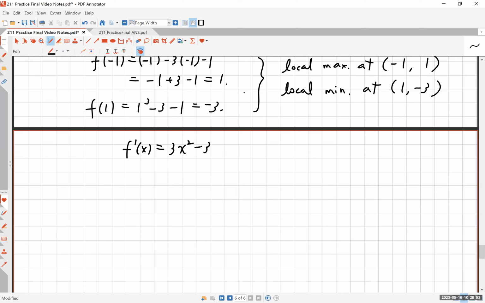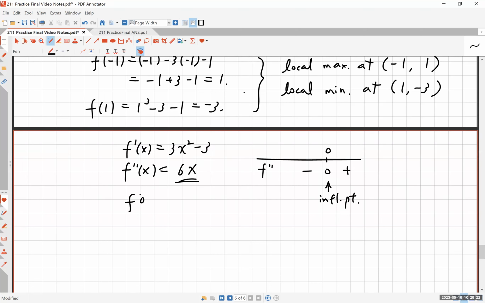I'll leave it as 3x squared minus 3 without factoring, because that's easier to differentiate to find the second derivative, which is 6x. And that's it. So here you can do a very simple table. This is the second derivative. Well, 6x is negative here, 0 here, positive here. This is positive if and only if x is positive.